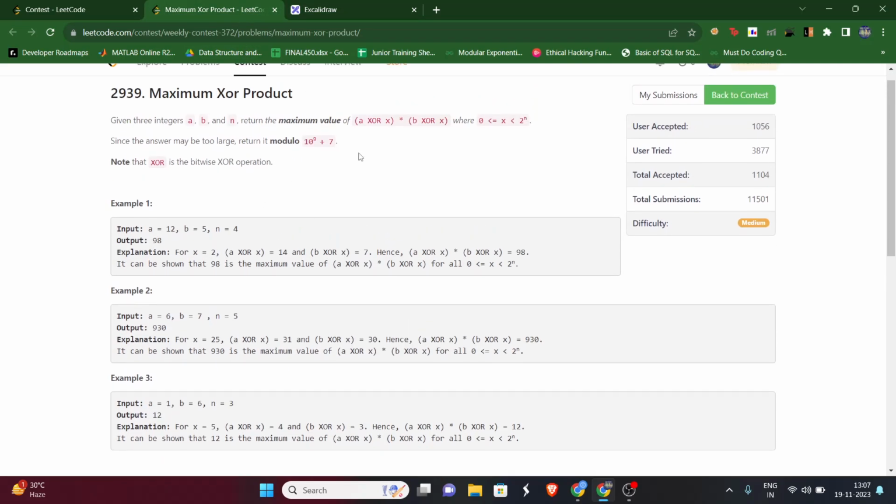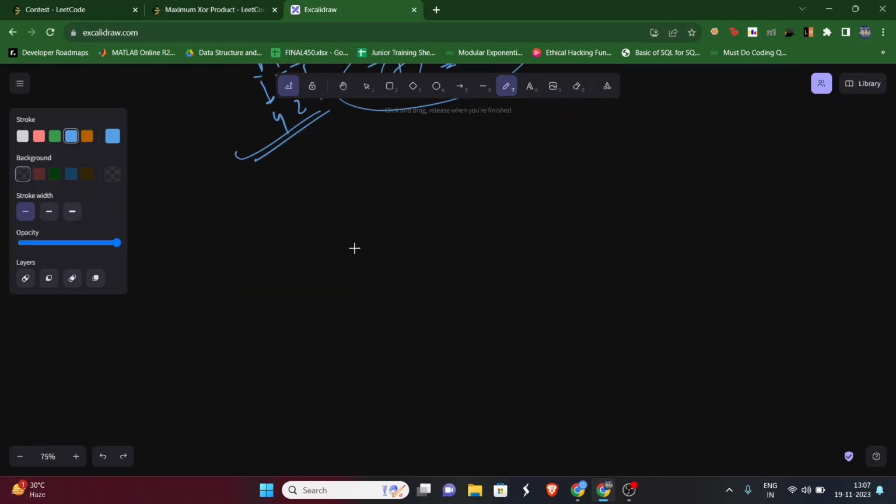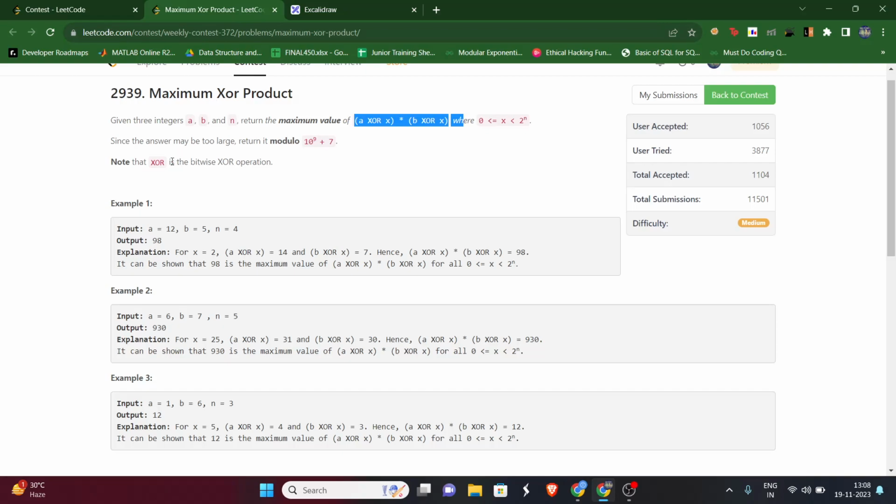Okay, so now coming back to the question, we have to select x, and we have to maximize this product. Now how will we proceed? First of all, let's say we have some a. We will convert this a from decimal to binary, just for our understanding. So let's say a was 12 and b was 5 from this question itself.